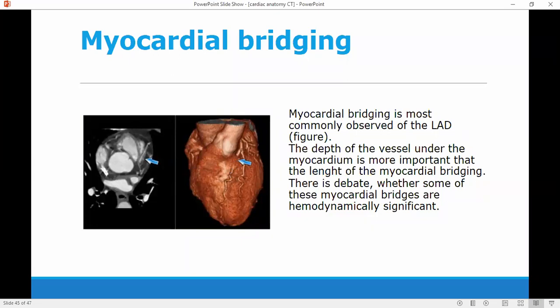There is debate whether some of these myocardial bridges are hemodynamically significant. It is usually not hemodynamically significant, but in case of insertion of a stent, contraction of this muscle may lead to fracture or destruction of the stent.